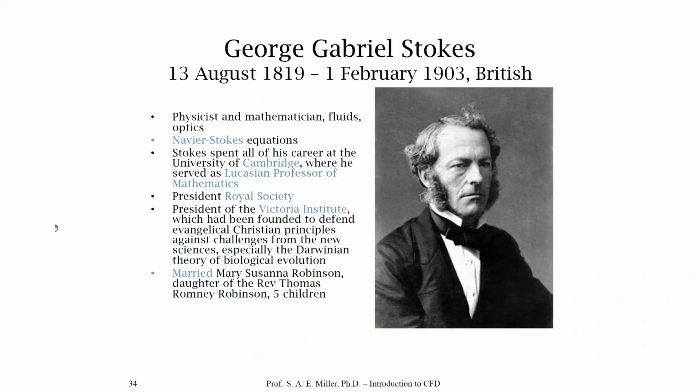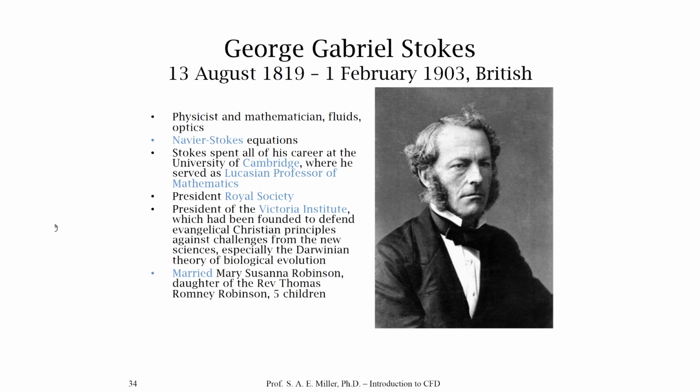George Gabriel Stokes was a very unique person and a Victorian. He was born on August 13th, 1819, and he passed away on February 1st, 1903. And of course, he was British. He spent his life doing work as a physicist and mathematician in fluid mechanics and optics and many other subjects.